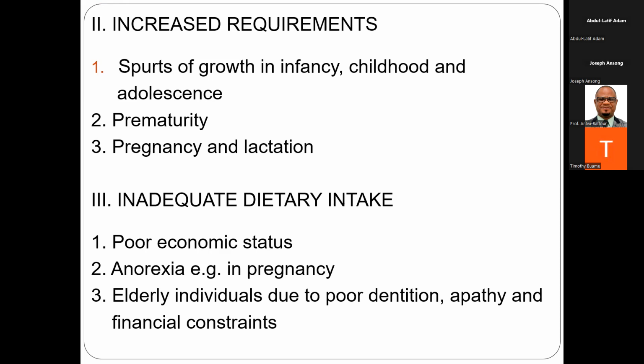Then anorexia: people who hate food, or lose appetite, don't eat enough, and so they do not get enough iron. Also elderly individuals, due to poor digestion, cannot chew the food to break it down, or they are so old that they lose appetite for food, as well as having financial constraints. Such people also lack iron.